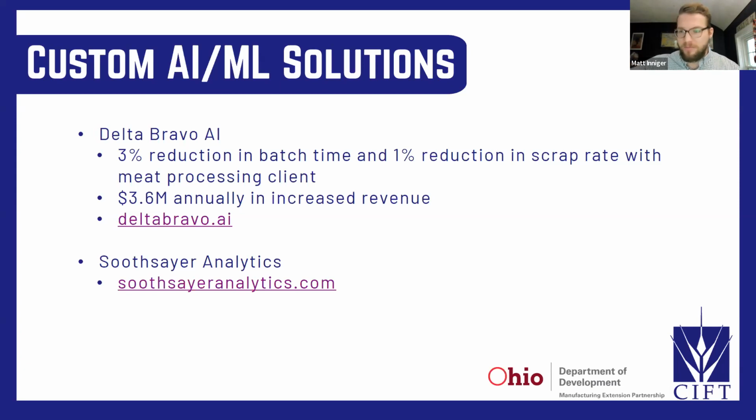If you're selling every pound of product you're making, every additional production hour you're running or pound per minute increase is money in your pocket. And this is immediate money in this client's pocket, and will be moving forward.